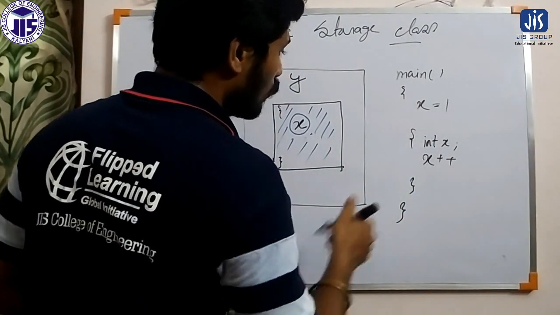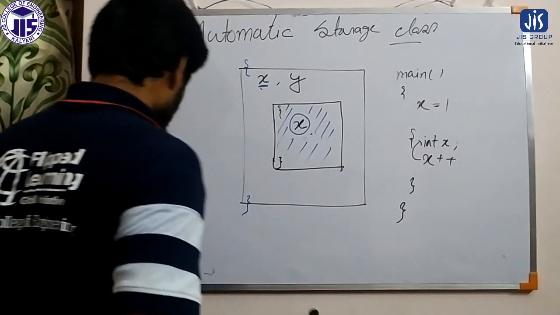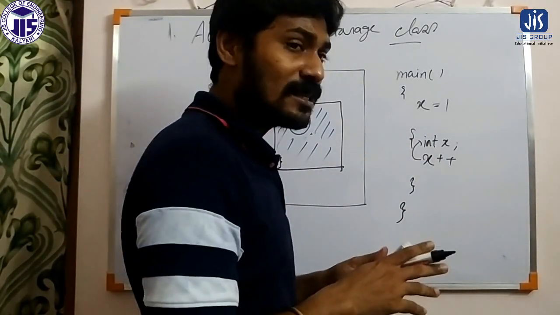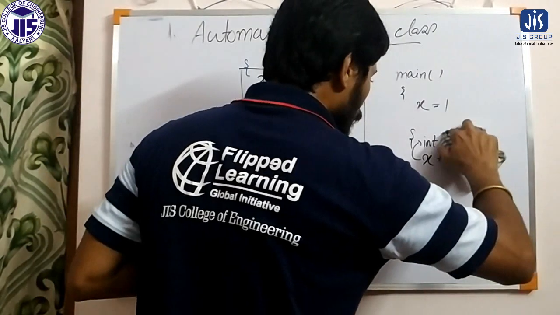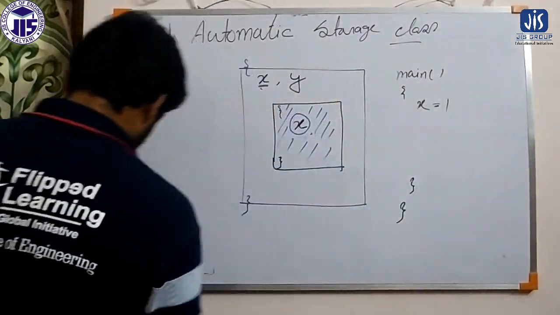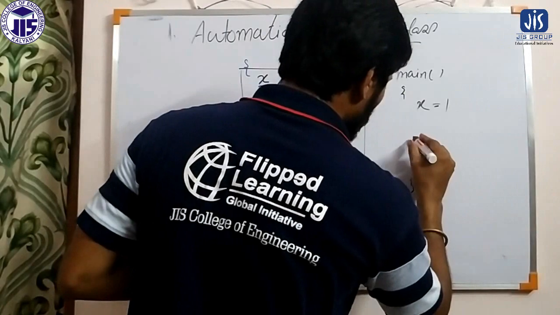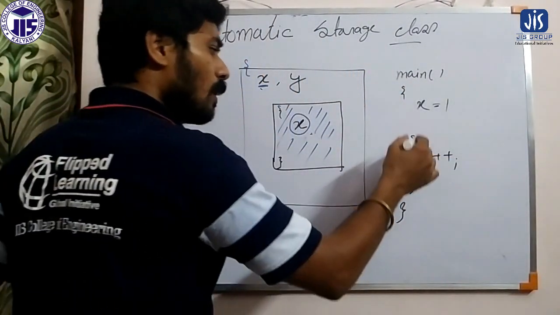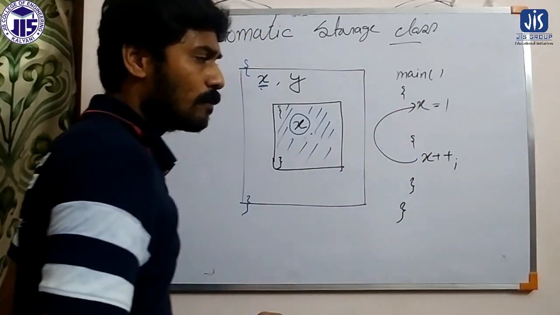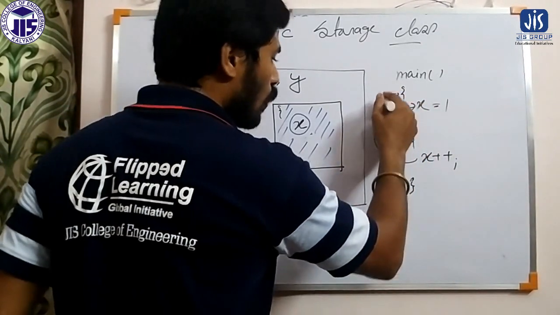this x variable. Okay, what I am saying is that until and unless we are declaring any variable within the sub block, if we access the variable, it will perform the operation on this, because this x variable is available throughout the main.